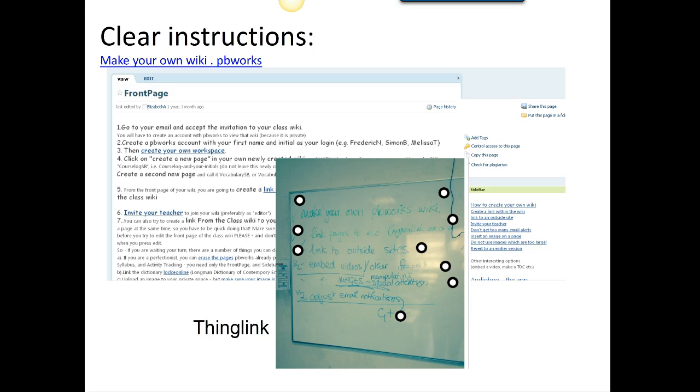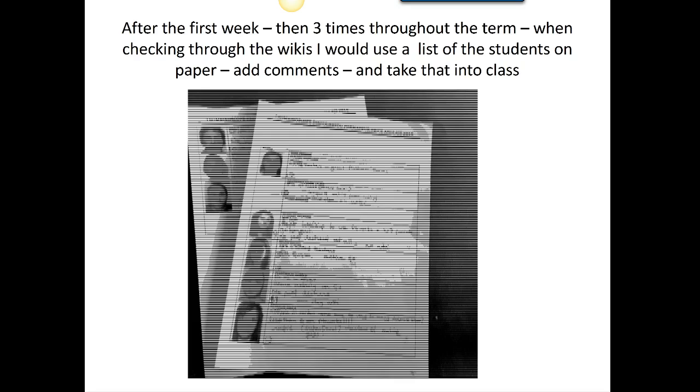Then the really important thing was this close contact between the classroom and the wiki. So all the time when I corrected the wikis, I would make notes on paper, on a class list, and then take that into the class so that it wasn't this distant thing which they did or didn't do at home.